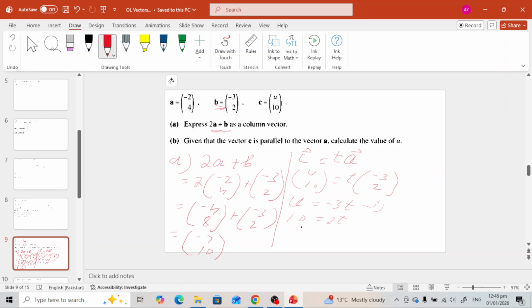Here, from this equation, we can find the value of t as 10 over 2. This 2 goes to the denominator, 2 fives are 10. So the value of t here is 5.